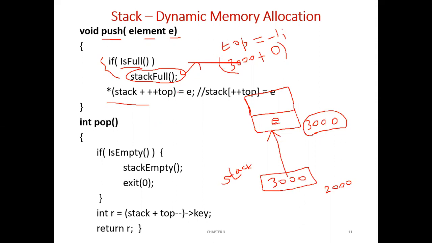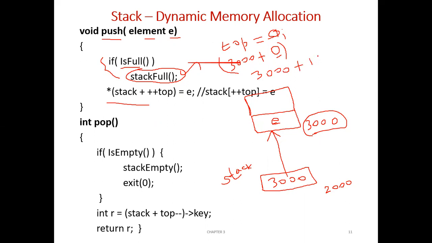Now if you try to push another element, stack is again stack plus top. What is top now? It is no more -1, now it is 0. Plus plus top makes it 1.